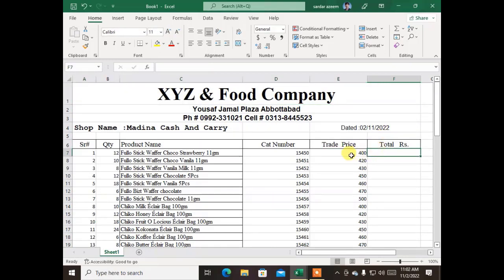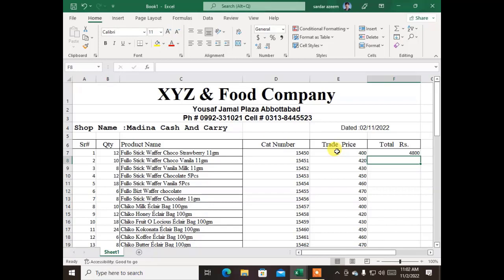I want to calculate the price of 12 full wafer chocolates at the rate of 400. To calculate this, I just need the cell number of quantity multiplied by the cell number of trade price. It is calculated here.